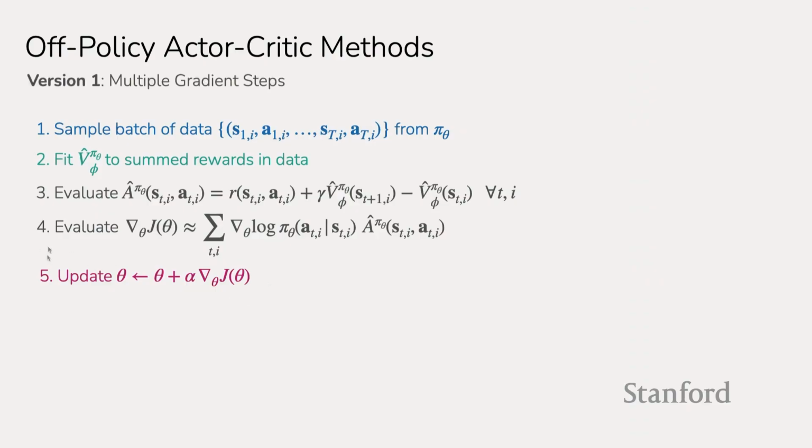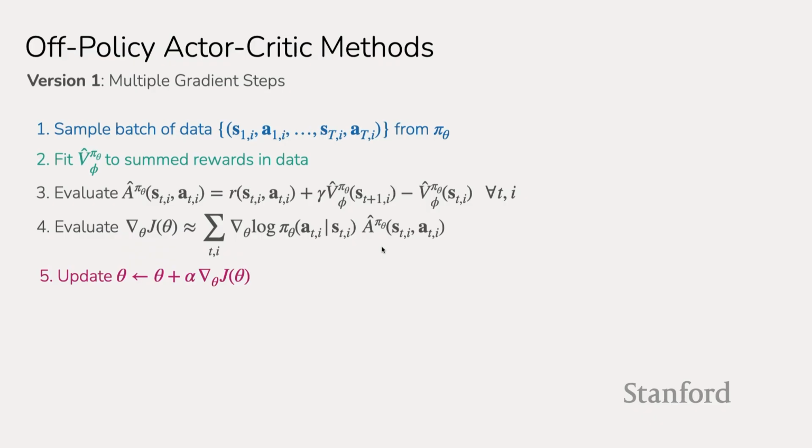Now, if we want to be able to take multiple gradient steps, we need to be able to evaluate our gradient not just at the current policy that collected the data, but after we've taken a gradient step. For example, after we take step 5, we're now going to have a new set of parameters that were different from what collected the data in step 1.